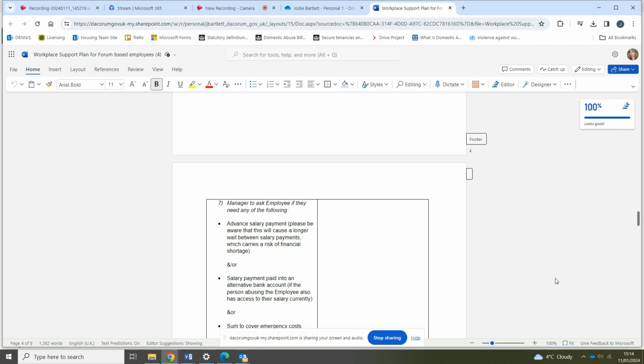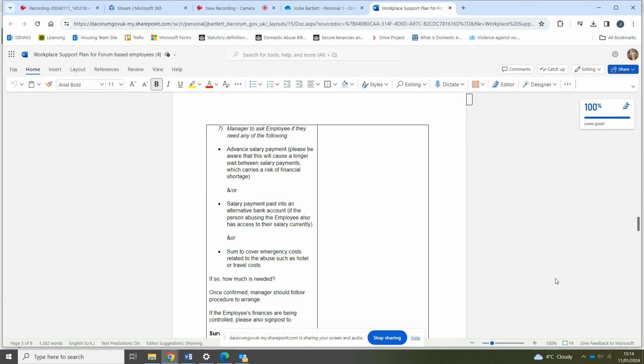We've also put in place a number of practical and more financial measures in light of the policy to hopefully support and alleviate some of those financial pressures that victims often face when they are being abused.